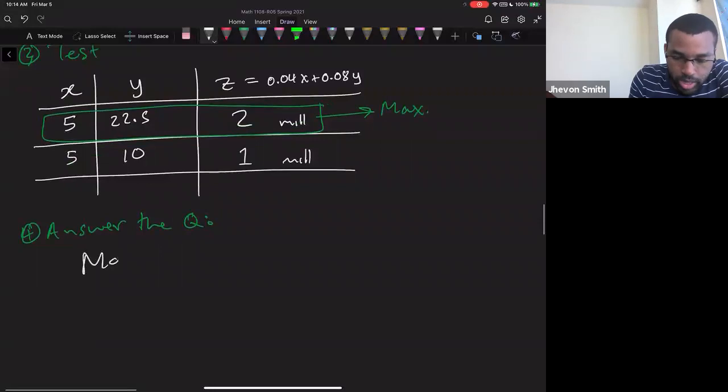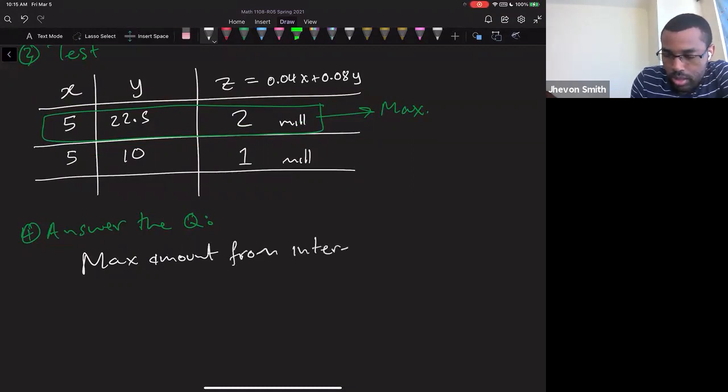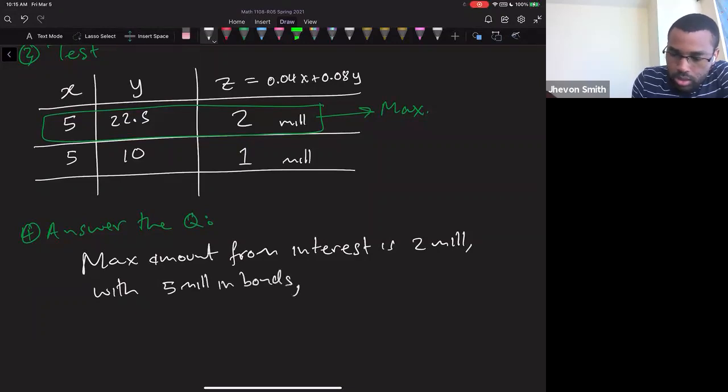So max interest made, max amount from interest is 2 mil, with 5 mil in bonds, 22.5 mil in funds.